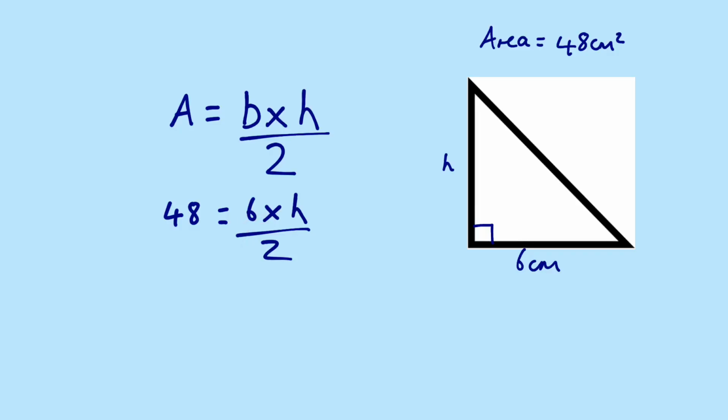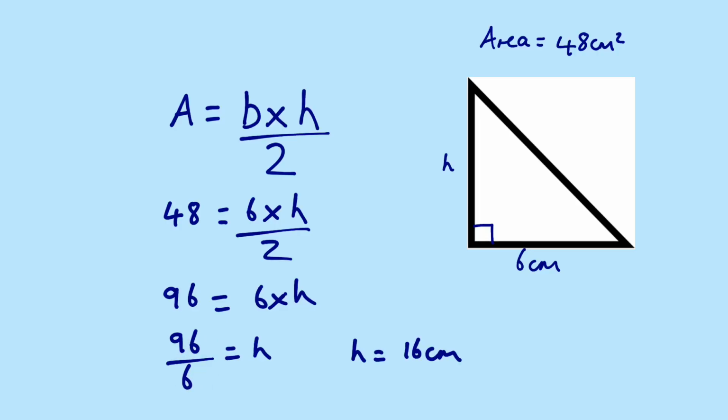So then when we rearrange, we will times the 2 by the 48, which gives us 96. And then the next step is we will divide the 6 into the 96. So that's 96 divided by 6, which will give us a final answer of 16 centimeters for the height.